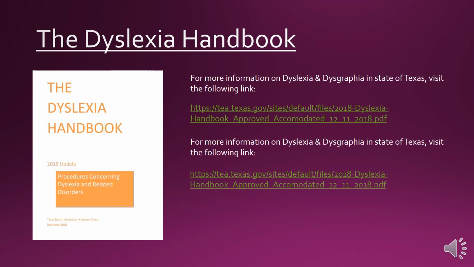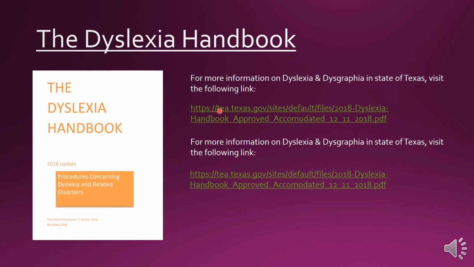Here is some information that can give you some more detailed information. This is put out by TEA. It's the Dyslexia Handbook, and it is the most updated version that they have. It's got a lot of information on dyslexia, and then it's actually got a little bit of information on dysgraphia in there as well.